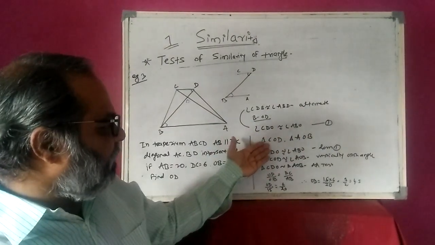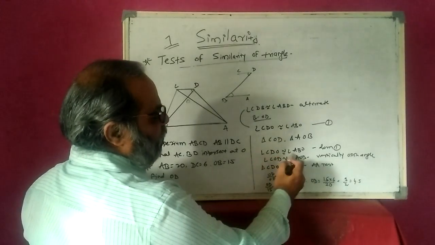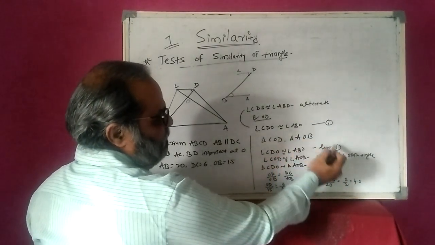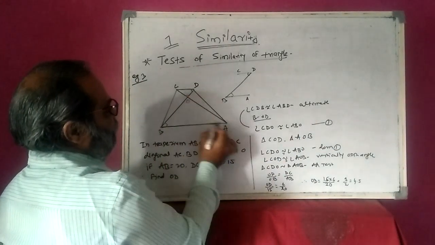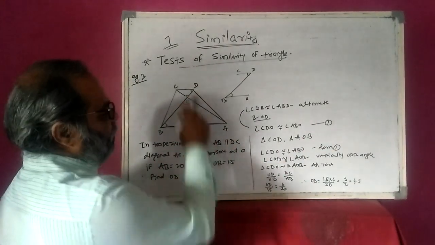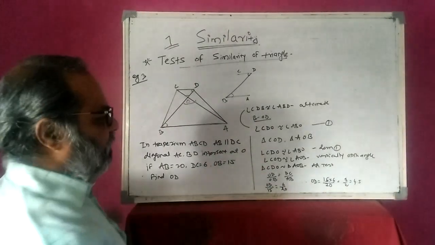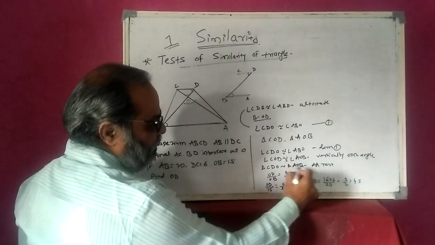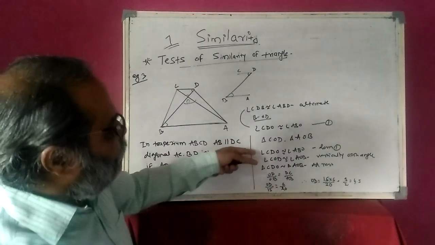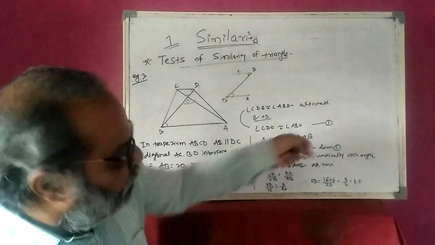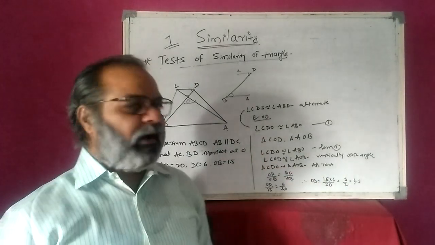Now in triangle COD and triangle AOB, CDO is congruent to ABO from equation 1, and angle COD is congruent to angle AOB. They are vertically opposite angles, and vertically opposite angles are congruent. So triangle CDO is similar to triangle AOB by AA test, because two angles are congruent to the corresponding angles of the other triangle.